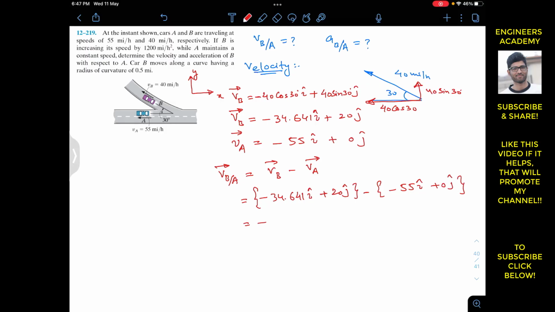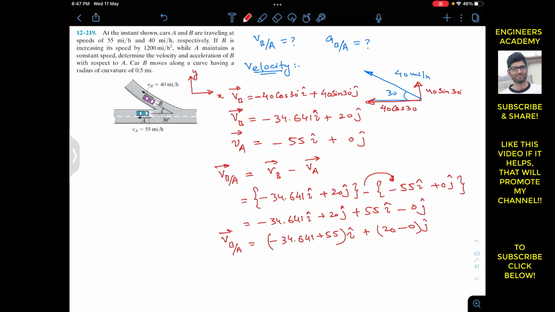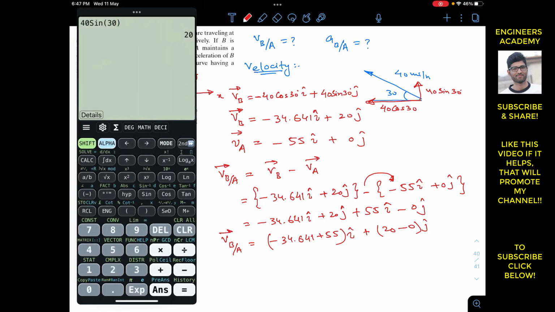So we can write this as minus 34.641 i plus 20j, and this minus into minus becomes plus, so plus 55 i and minus 0j. Now we will add the i component with i. So this will be minus 34.641 plus 55 i, and plus 20 minus 0 j. This will be the Cartesian vector representation of the velocity of car B with respect to A.